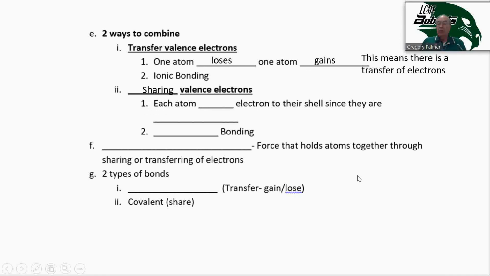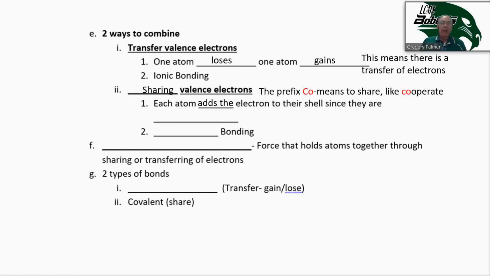There can also be a sharing of the valence electrons. The prefix co means to share, like cooperate or cohabitate. If you cohabitate, you share the habitat. If you cooperate, you share the operation, you share the work, whatever it is that you're doing.